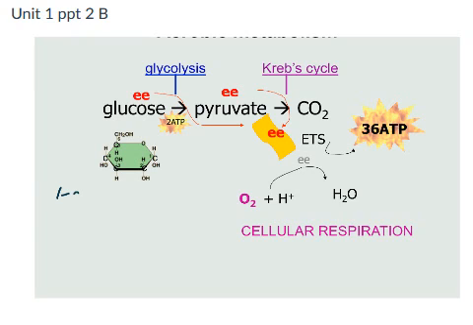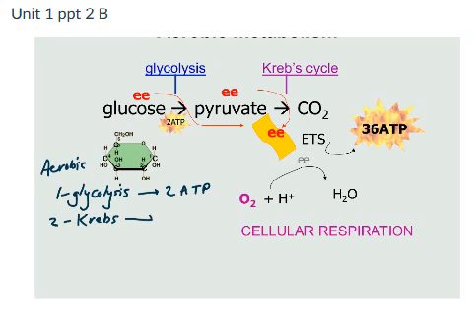three main ones. First, we have glycolysis, and I'm going to focus on how many ATP are made. At the end of glycolysis, 2 ATP are produced. And again, we are talking about aerobic respiration. The second step is the Krebs cycle.